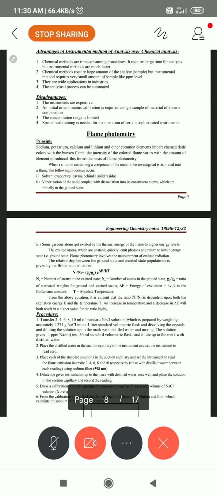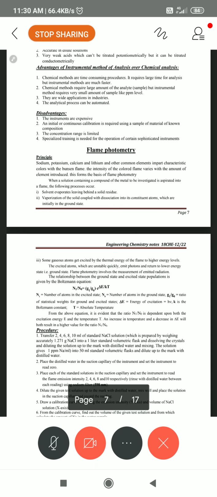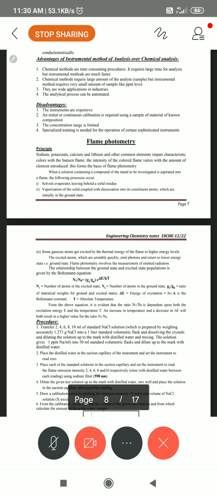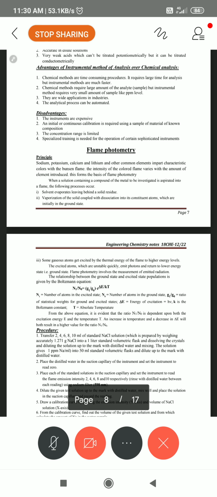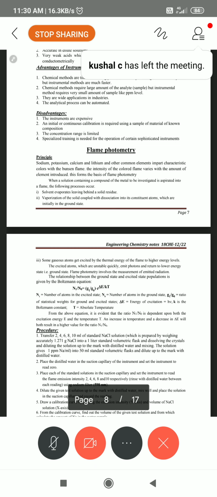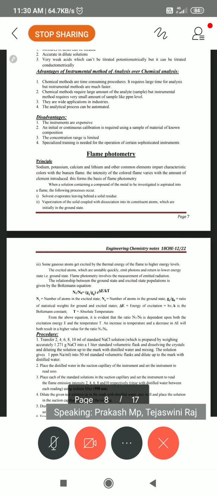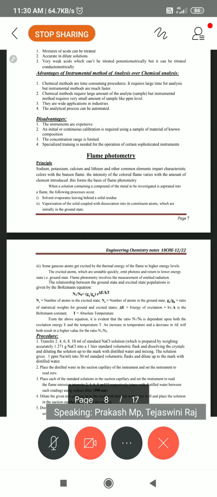If from that you pipette out 1 ml, it contains 0.5 milligrams. If it is 1000 ppm, 1 ml contains 1 milligram. If it is 500 ppm, 1 ml contains 0.5 milligrams. For 1 milligram, you pipette out 2 ml.